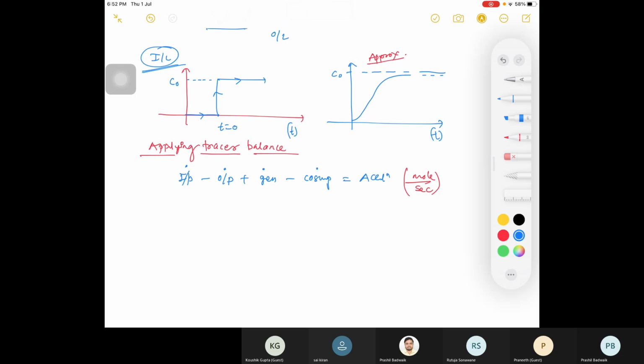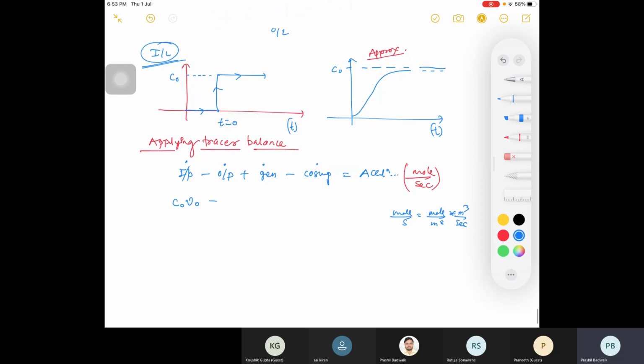Anyone? C naught into nu naught, right? Because you know moles per second is equal to moles per meter cube into meter cube per second. Same formula we are applying here.